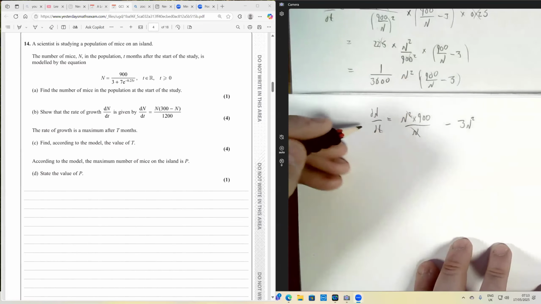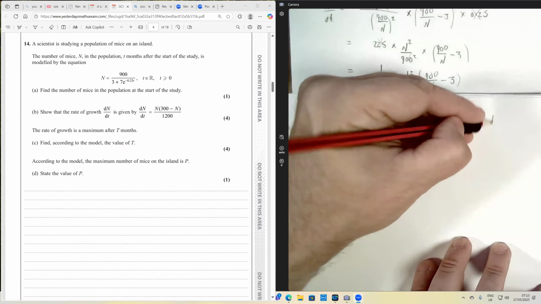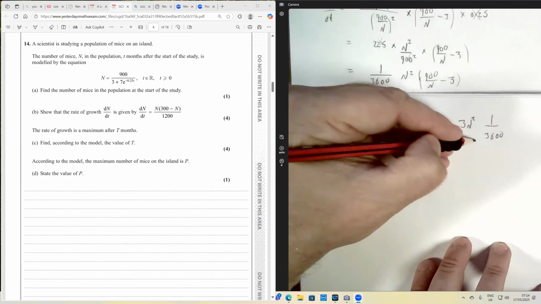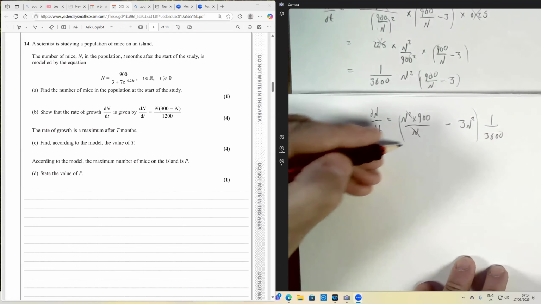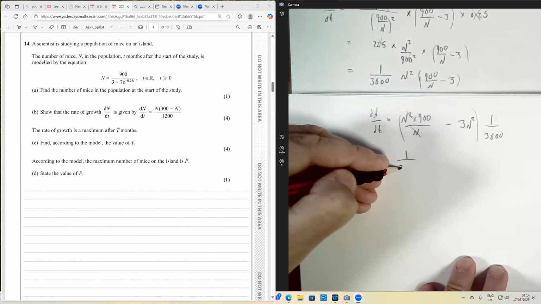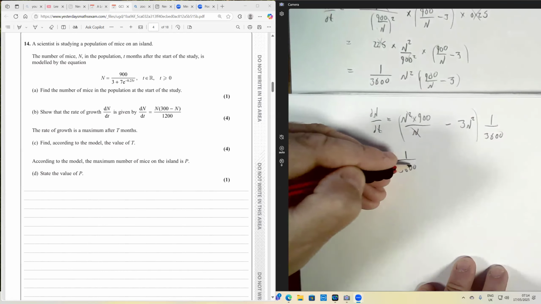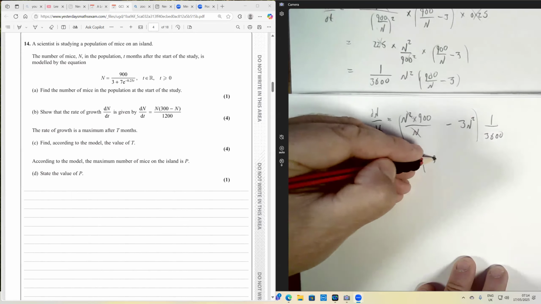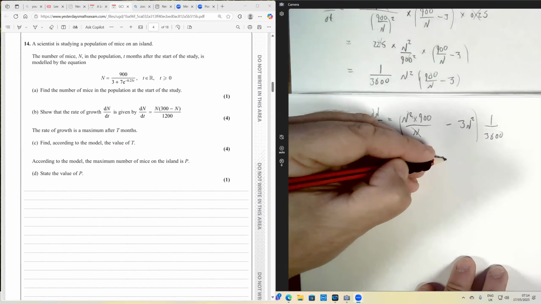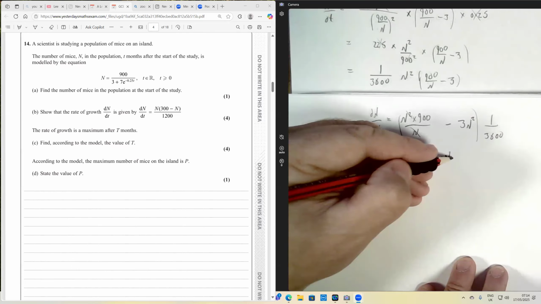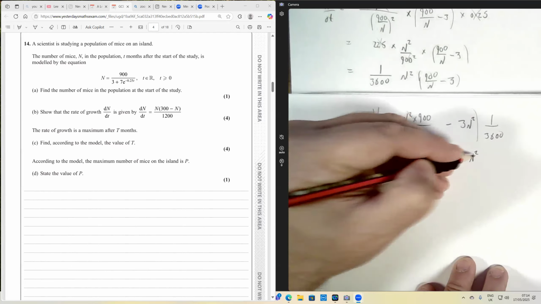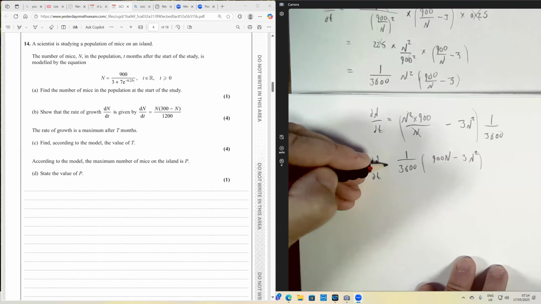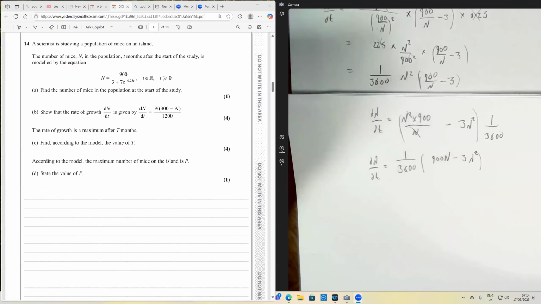That cancels, that cancels. I've got my 1 over 3,600 as well from before. So now I've got 1 over 3,600 times by 900n minus 3n squared. And from here, I can now factorize out an n.